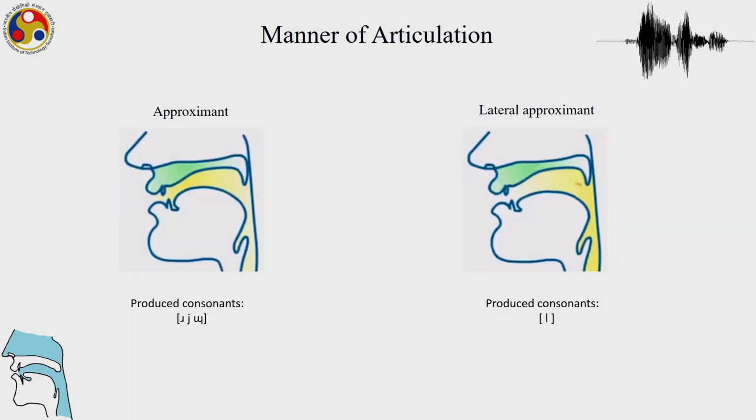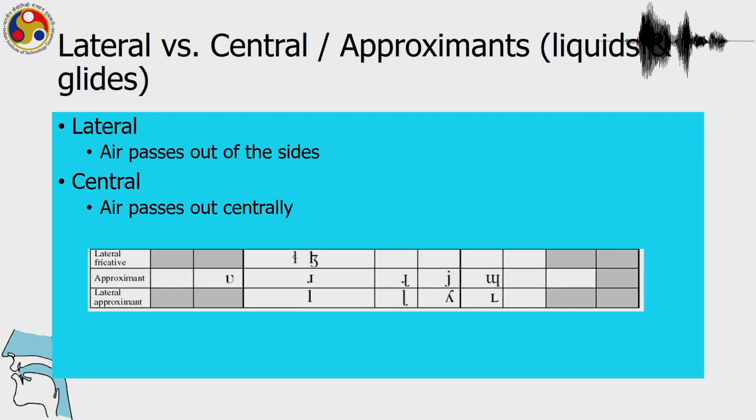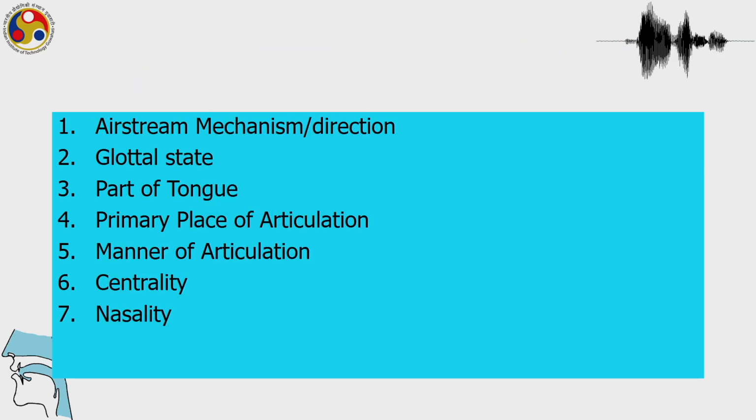Then we can have approximants, where we don't have complete occlusion, and the occlusion is not as narrow as that of stops or fricatives. We have central and lateral approximants. So there are 2 lateral fricatives and 4 lateral approximants in the languages of the world.